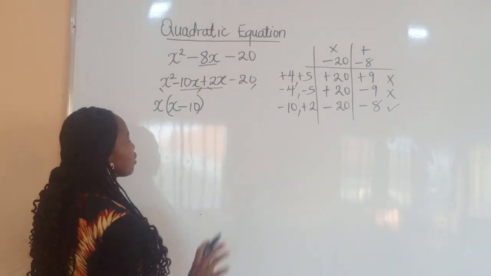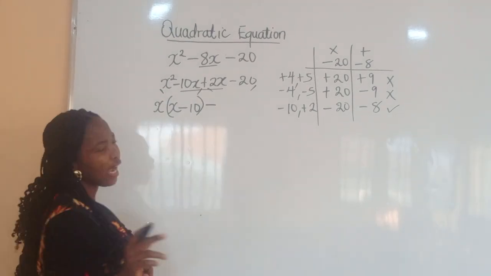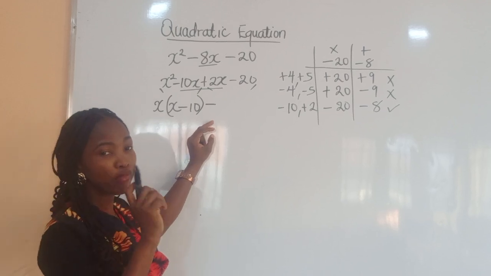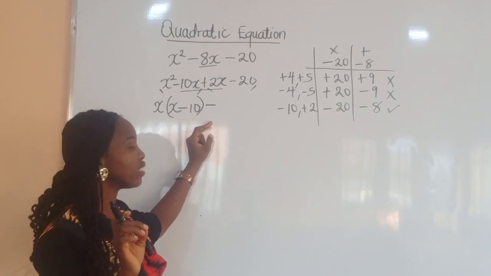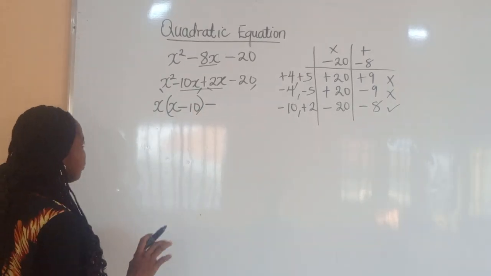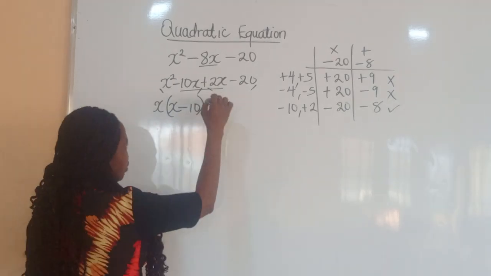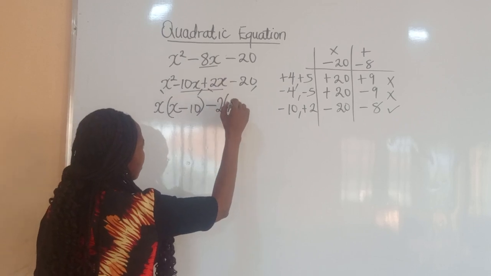Now, plus and minus, I'm going to start by using my minus. I normally like using my minus because it's easier to change a minus sign to plus than changing a plus sign to minus. So I'm going to start with my minus. What can go into 2x and 20? We have 2. 2 going into x.